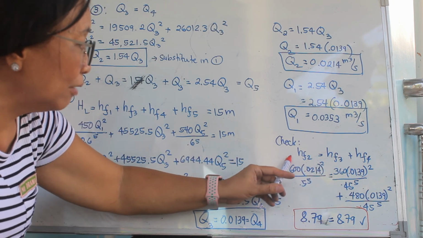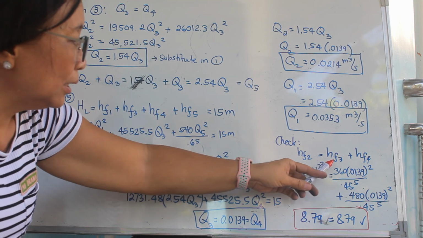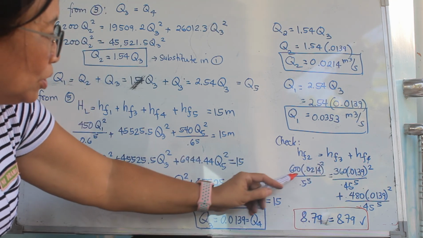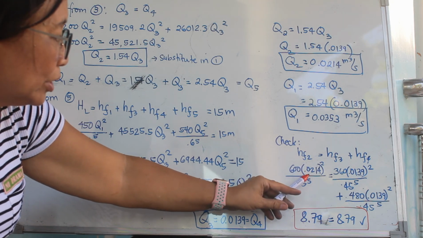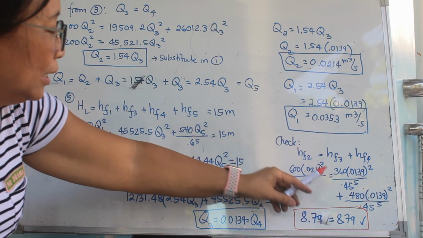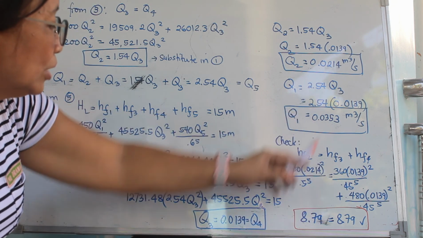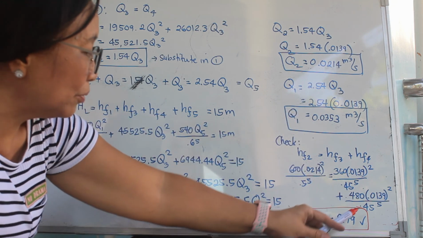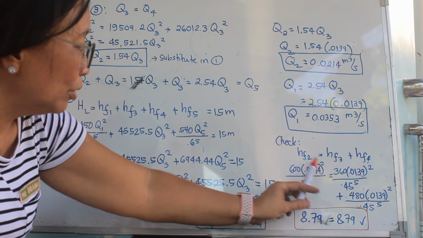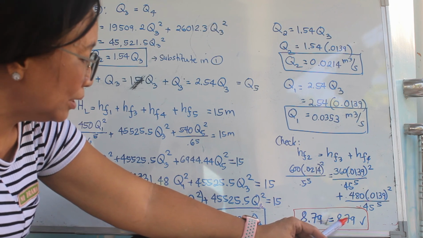What we formulated earlier is that the friction loss at pipe 2 is equal to the sum of the losses at pipes 3 and 4. So we substitute the discharges we obtained: pipe 2 is 0.0214, pipe 3 is 0.0139, and pipe 4 is the same, 0.0139. The equation is satisfied, and the sum comes out to 8.79.